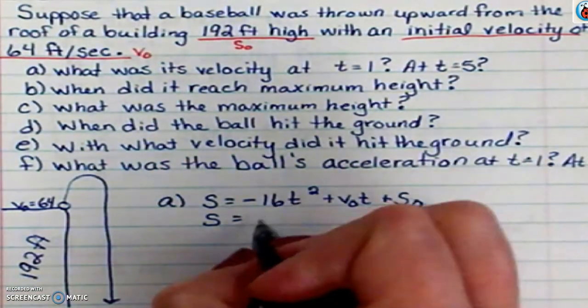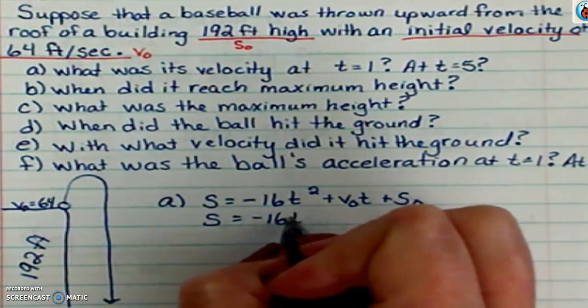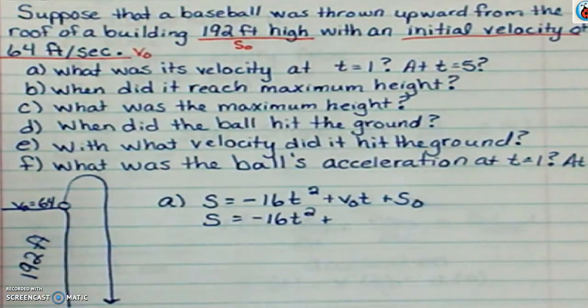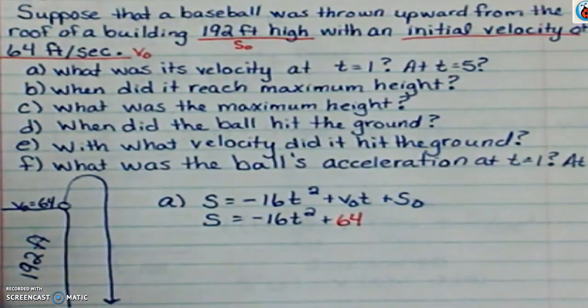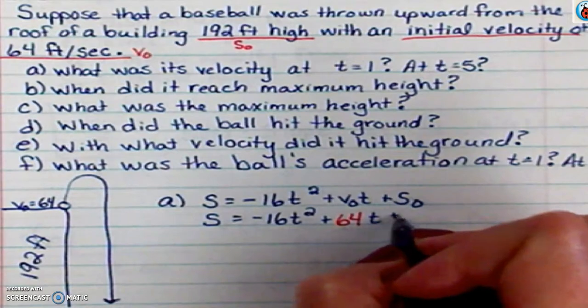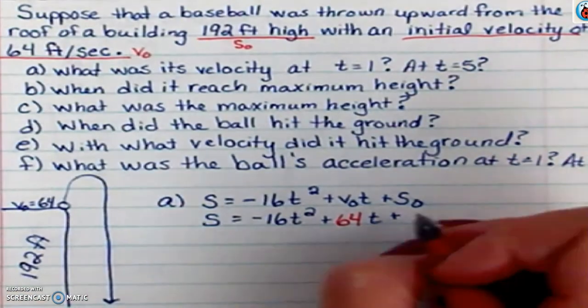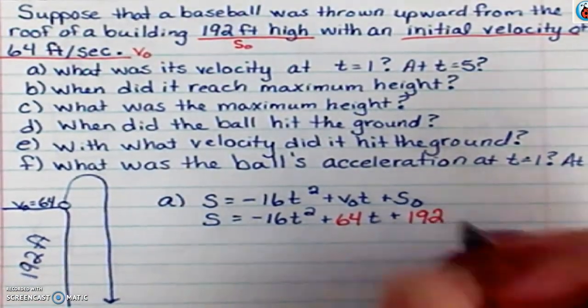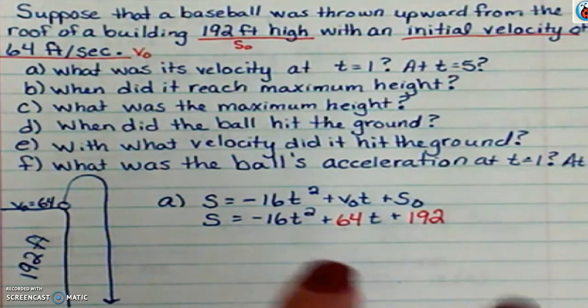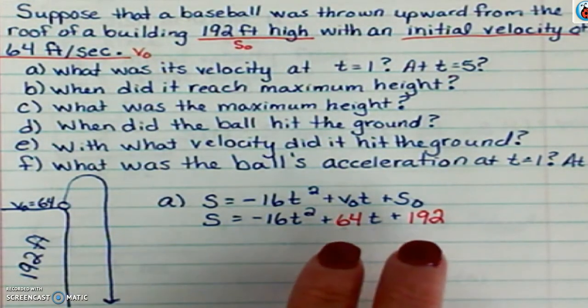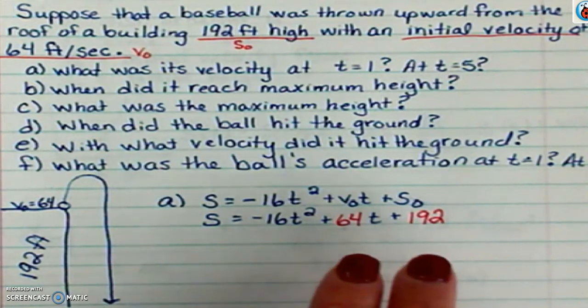If we substitute that into this equation, we get S equals negative 16t squared plus 64t plus 192. What is in red means that this equation is specific for just this particular problem, because those are pieces of information that are given to us for this problem.